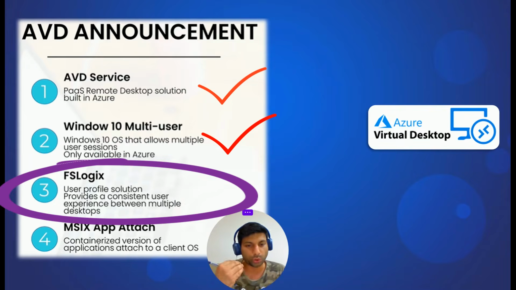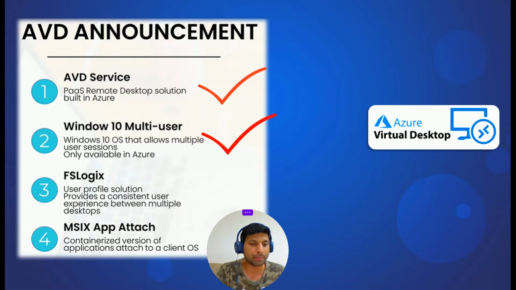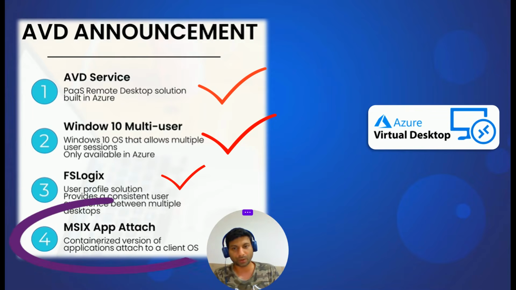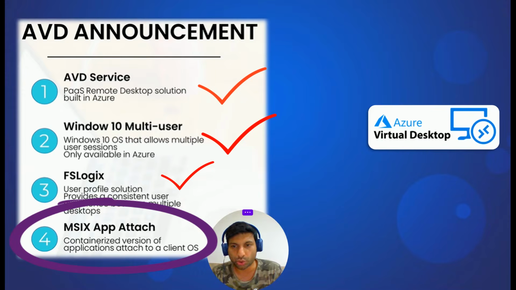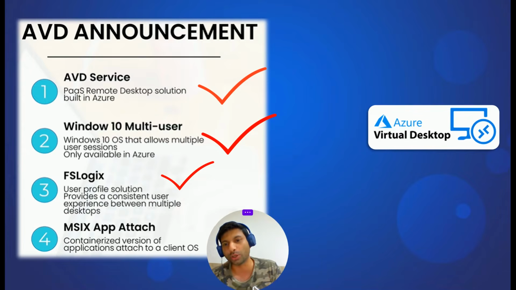All right, so let's move to the fourth one, which is MSIX app attachment. What is this MSIX app attachment? You are probably used to installing applications, and you likely have a few that need to be installed on a fresh computer before it's ready for the end user. So I repeat, what MSIX app attachment does is attach certain kinds of packaged applications so that they run attached to the OS, not installed on the OS.